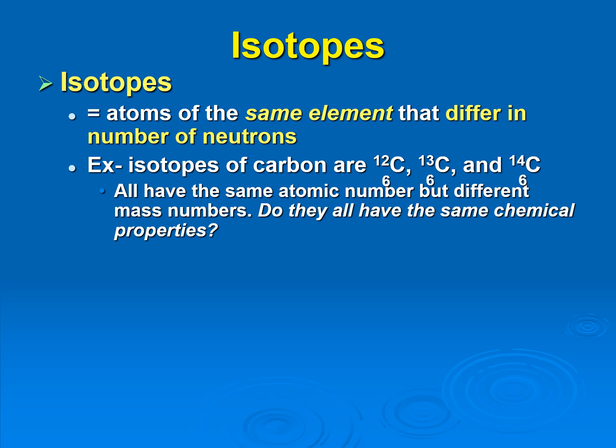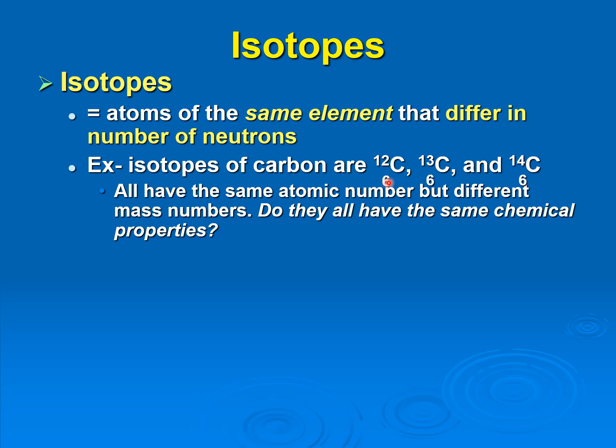Okay, and then just the last topic to cover here would be isotopes. That prefix iso means the same, okay? And isotopes are just going to be atoms of the same element, and they're just going to differ in the number of neutrons they have. So for example, we've got some isotopes of carbon. And here we've written them with the mass number on top and then the atomic number here on the bottom.